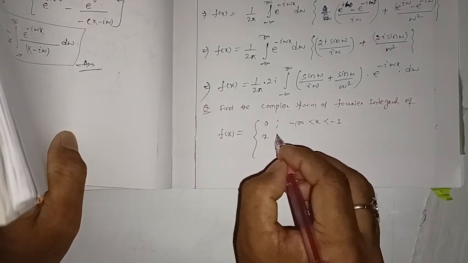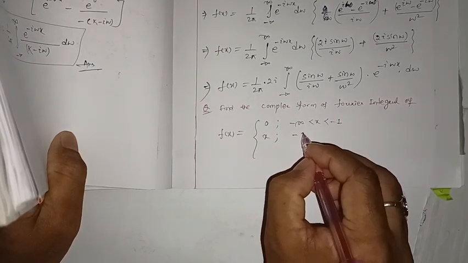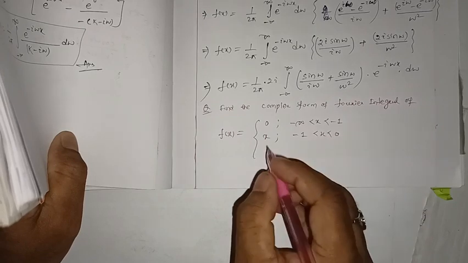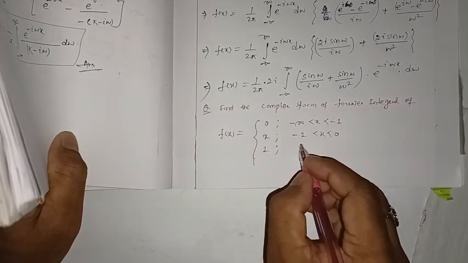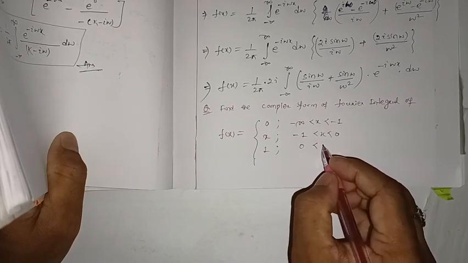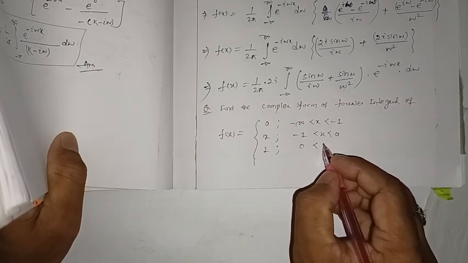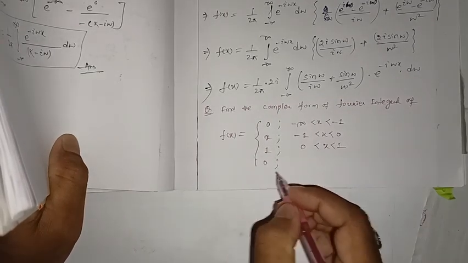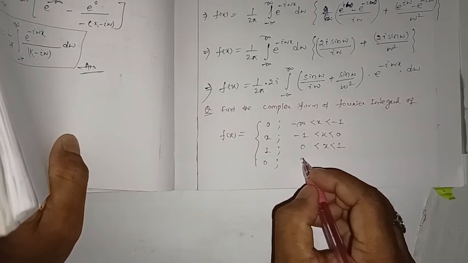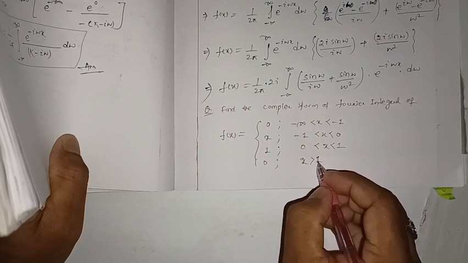Then the value is x in between minus 1 to 0. Then the value is 1 from 0 to 1. Then 0 when x is greater than 1.